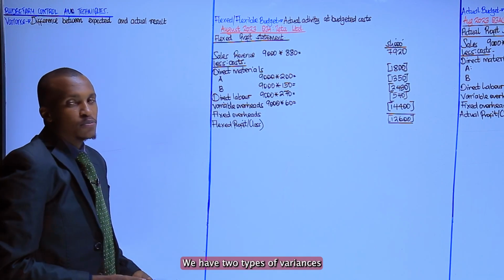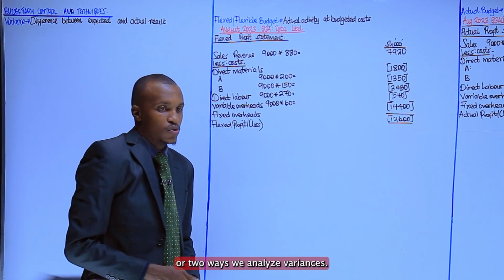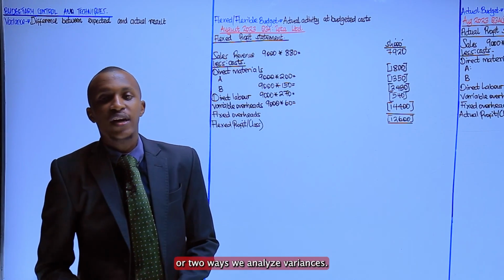We have two types of variances, or two ways we analyze variances.